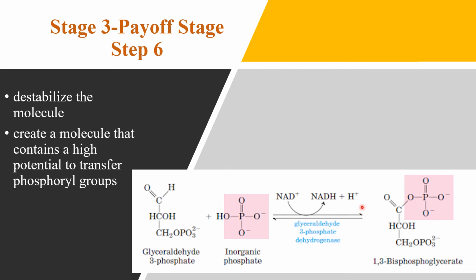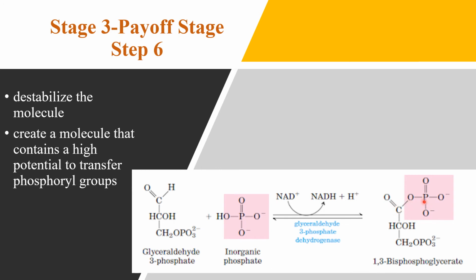And so this will reduce into NADH. We're going to release this hydrogen ion, and that orthophosphate from here will basically attack this molecule here and bind onto this carbon right here.